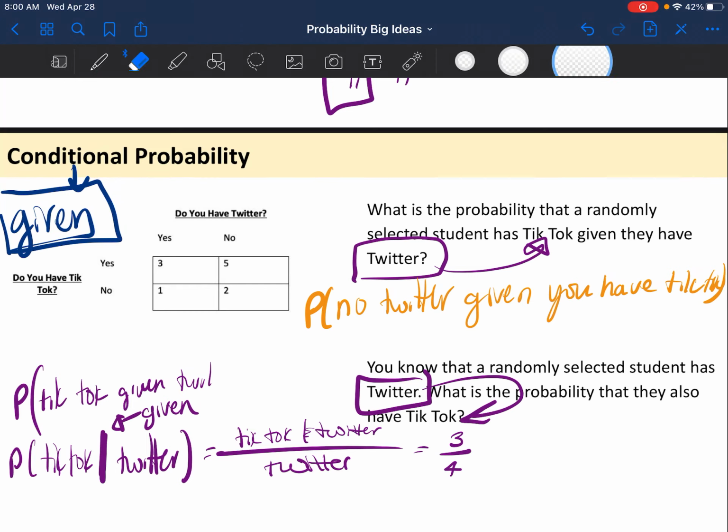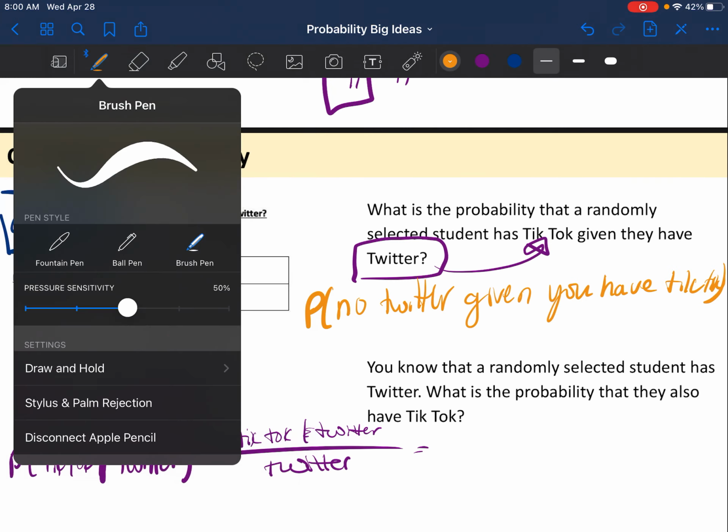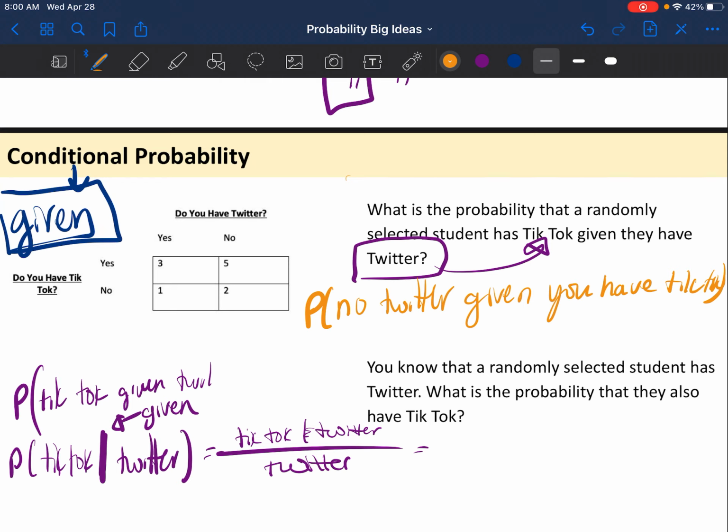So I know that I am going to look for who has a TikTok. So when I highlight this, I'm going to look at yes, TikTok. And I'm going to say, from here, who has Twitter? Or no Twitter, actually. And that's 5.